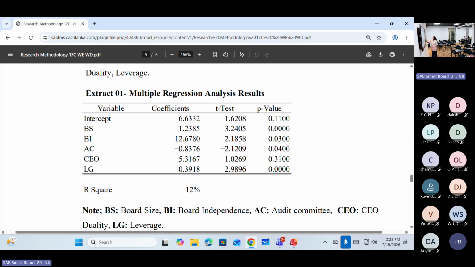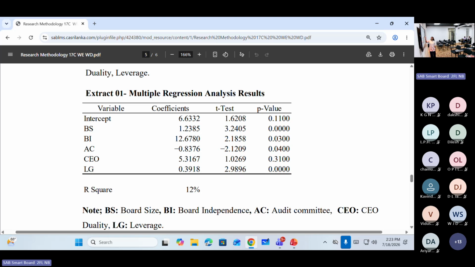It should be less than 0.05 or 5%. Sometimes that might be 10%, which might be given to you. Regarding this case, 5%. How many of these independent variables have p-values less than 0.05?